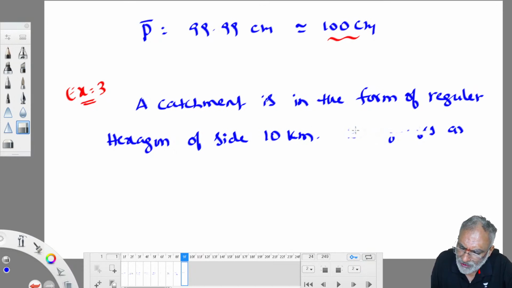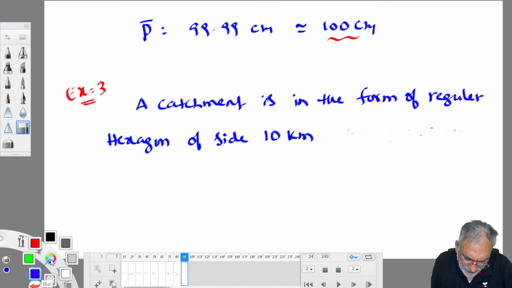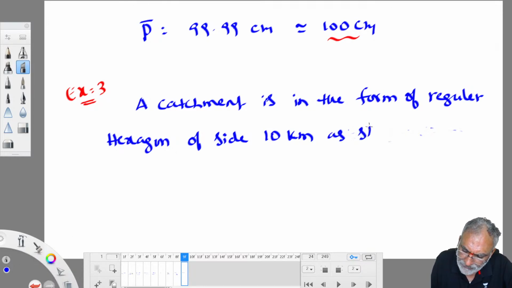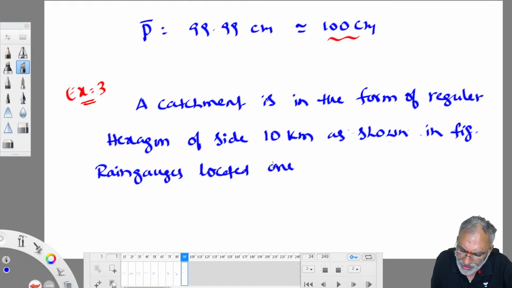I will give you the diagram also, because civil engineers might have forgotten their concepts. One at each corner and one more at center.